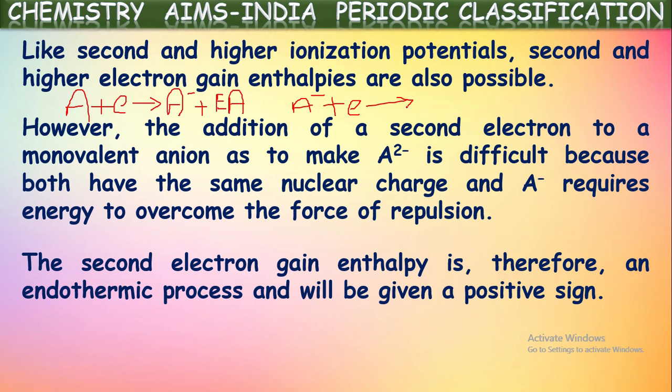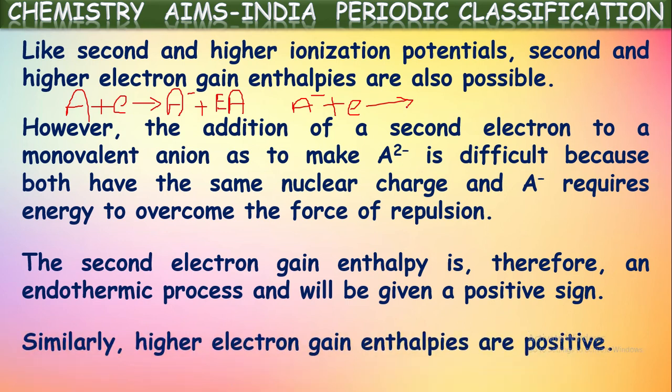A positive sign for the energy in a chemical equation represents absorption of energy. If the energy is mentioned with a negative symbol, that represents evolution of energy in the chemical reaction. Now, the second electron enthalpy will be shown with the positive symbol, meaning it is absorbed by the atom while gaining the second electron to overcome the repulsions.